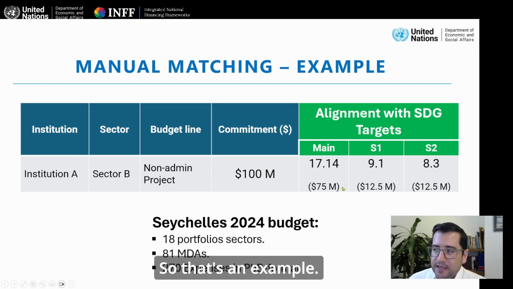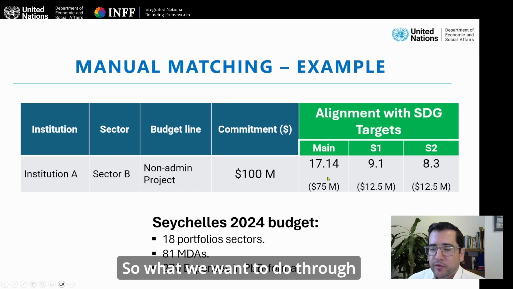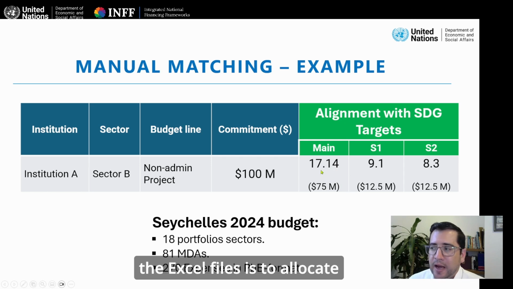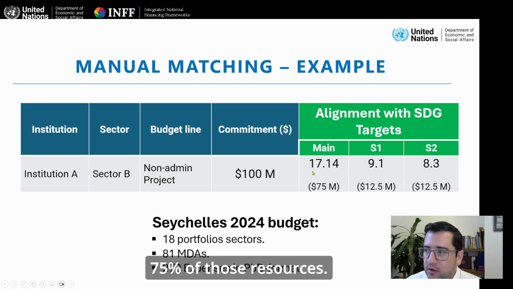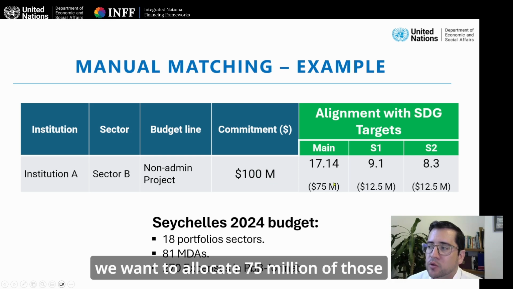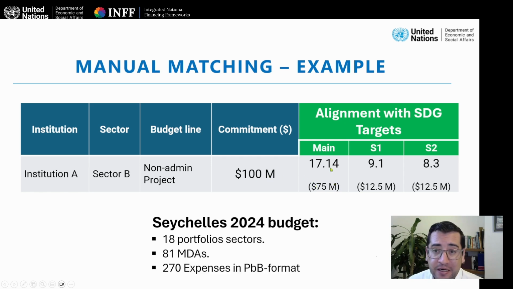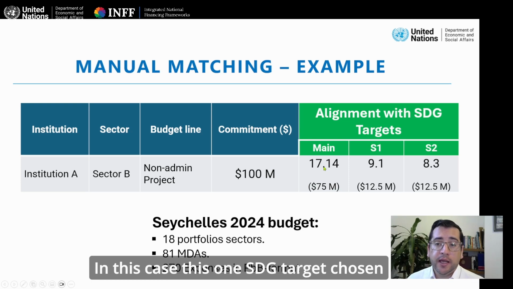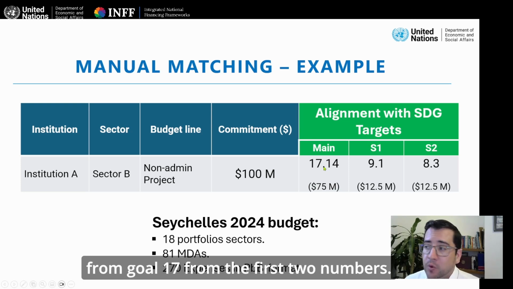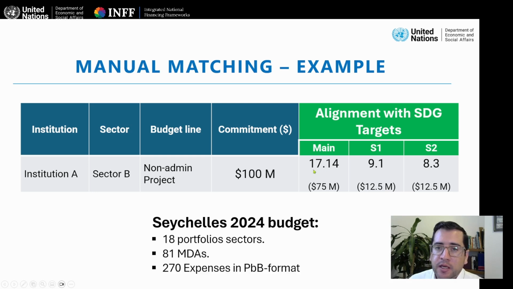So that's an example. What we want to do through the Excel files is to allocate 75% of those resources. If it's 100 million Seychelles rupees, we want to allocate 75 million, or 75%, to that main SDG target. In this case, it is one SDG target chosen from goal 17, from the first two numbers.